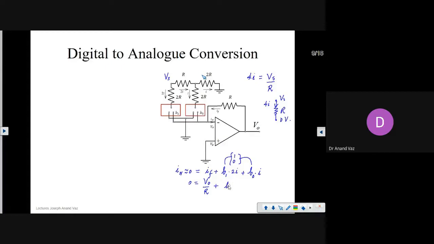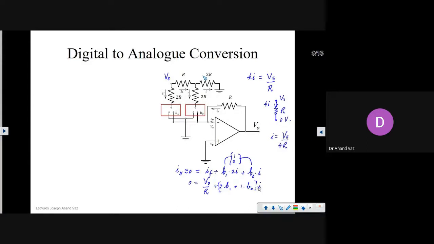We'll write this as 2 into B1 plus 1 into B0. And we will take I common. And we know what I is. I is actually Vs divided by 4R.